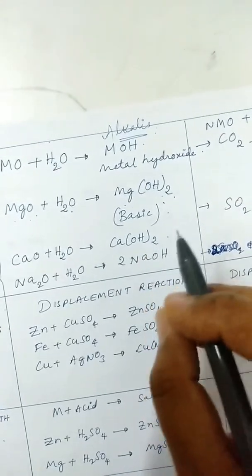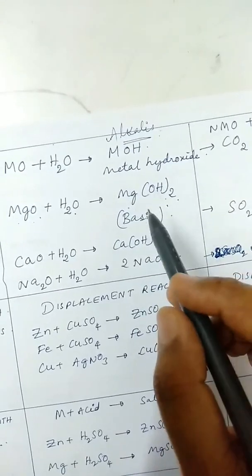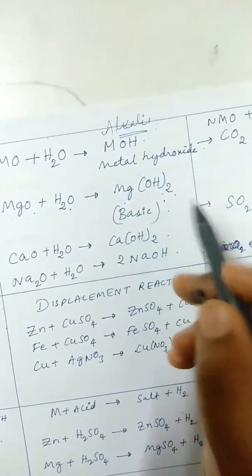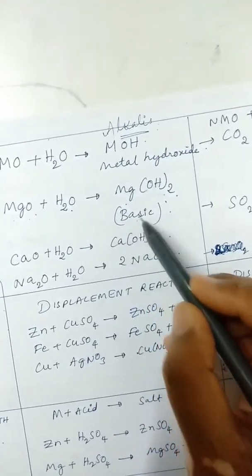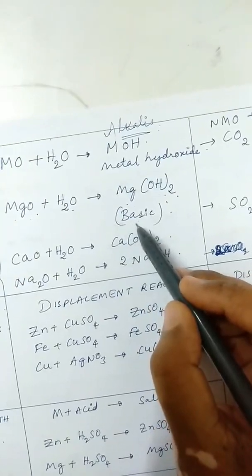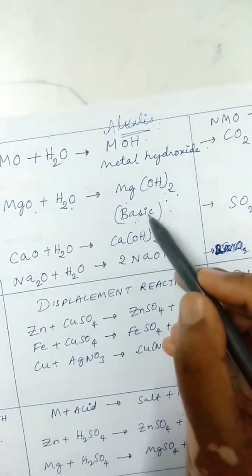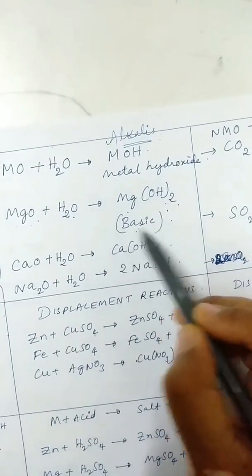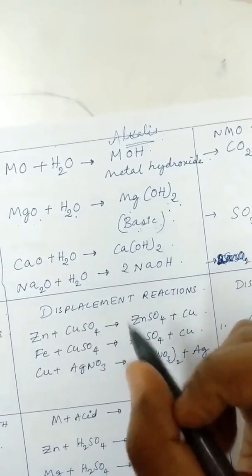Just dissolve a little of that ash in water and check for yourself its basic nature by dipping red litmus paper. When you dip a red litmus paper in that solution, you'll see that it turns blue, indicating the basic nature of magnesium hydroxide.